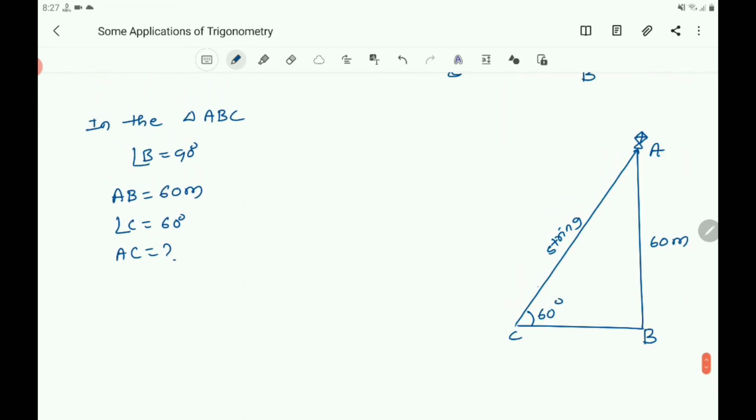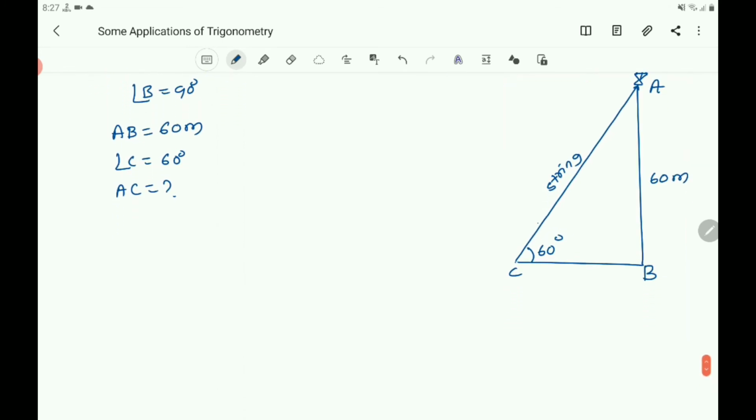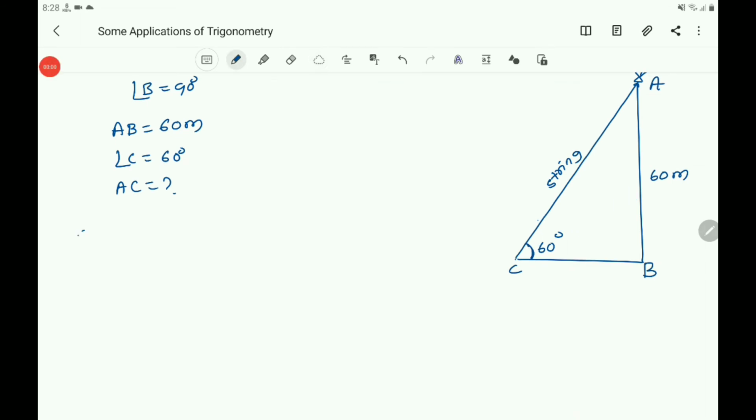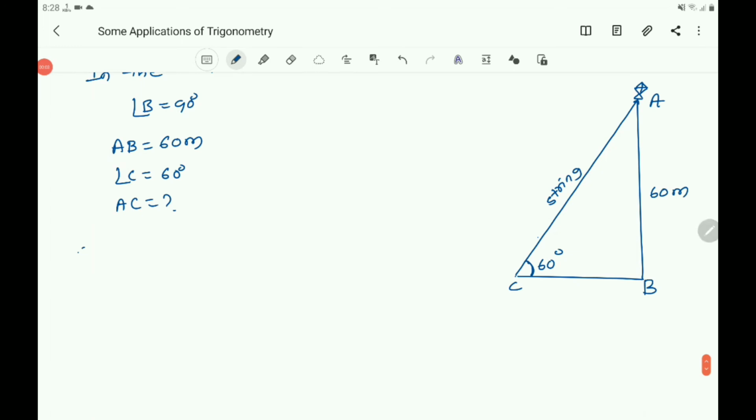Now you take the triangle ABC, and here angle C is given, and AB is the side opposite to angle C, and AC is the hypotenuse. The ratio including the opposite side and hypotenuse is the ratio sine, that is sine C equals opposite side of the angle C by hypotenuse.